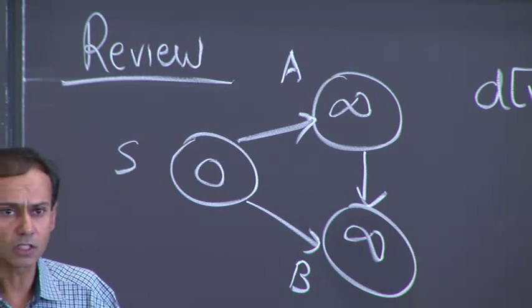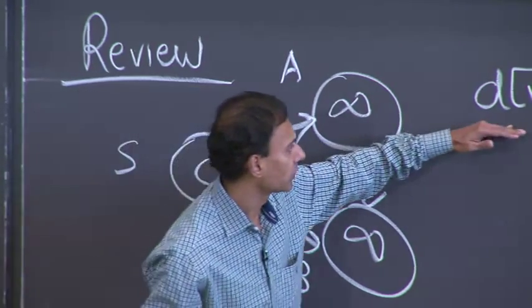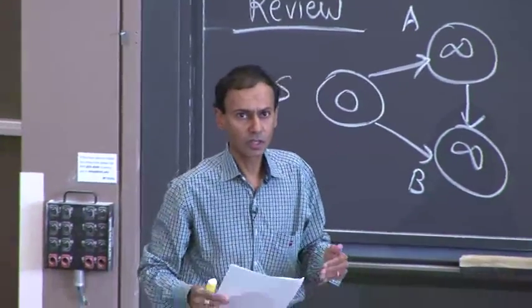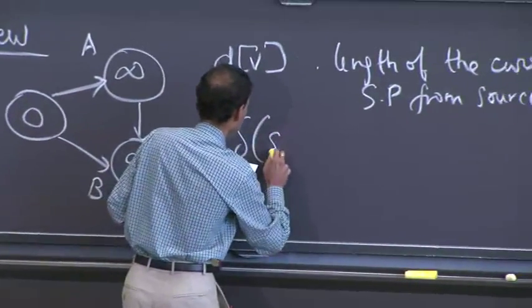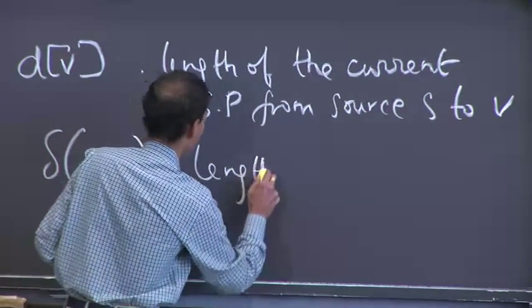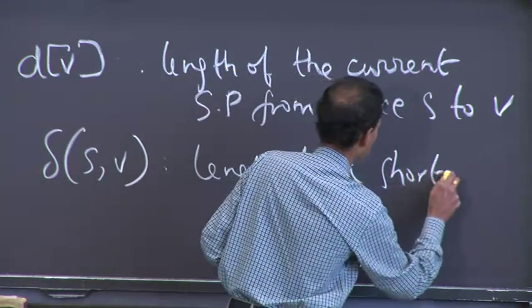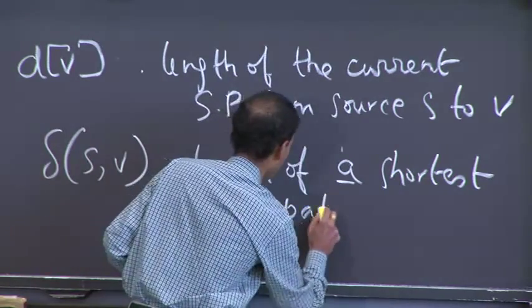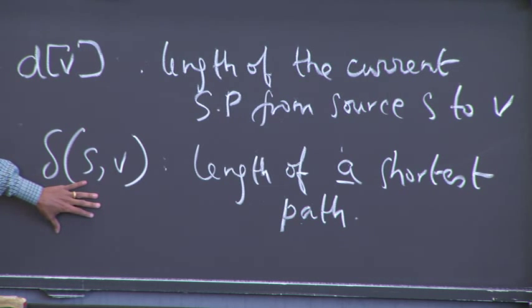And through this process that we call relaxation, we continually reduce these d values, the lengths of the current shortest paths, down to what we call the delta values, which is the length of a shortest path. It may be unique, may not be unique, but you have to get the minimum value. And when all of the vertices have d values that converge to delta, then your algorithm is done.